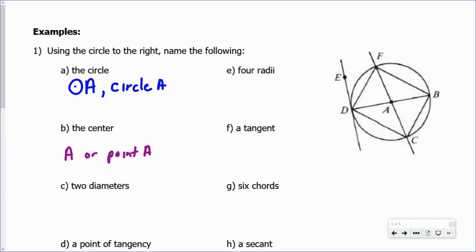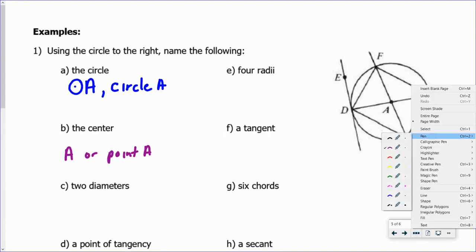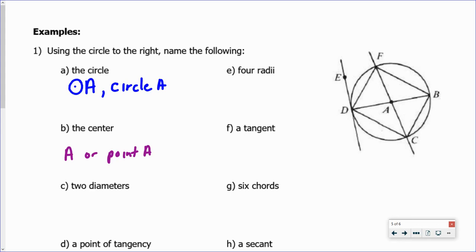Next, we're asked to name two diameters that appear in the diagram. So remember, a diameter is a chord that passes through the center of the circle. So in this case, we have the chord FC that passes through the center A, and then BD that also passes through the center A. So those two chords would be the diameters.